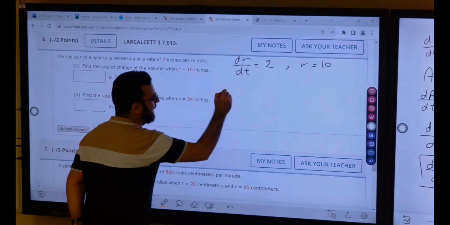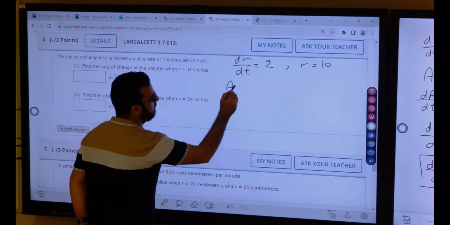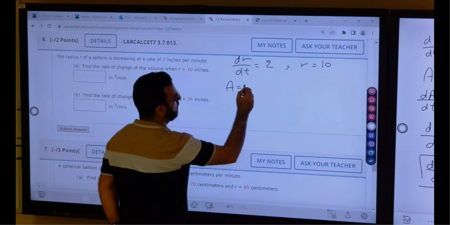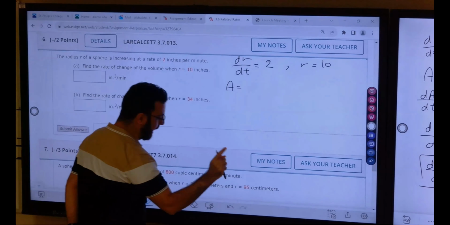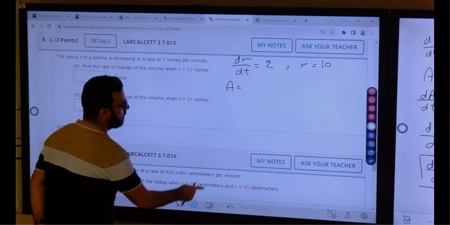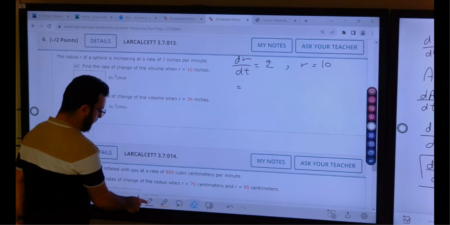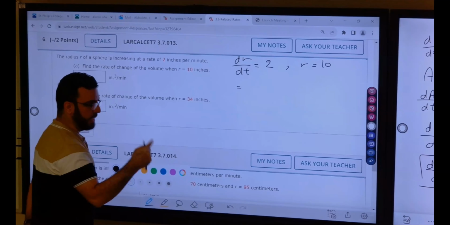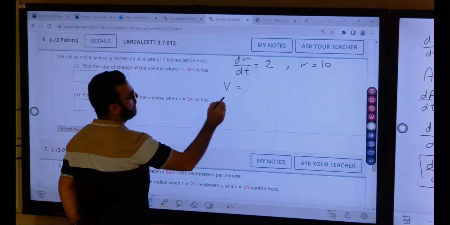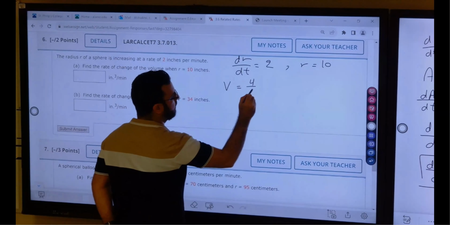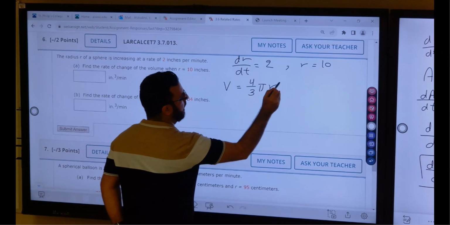So we said the area of the sphere equals what? 4/3, you said? Not the area, the volume of the sphere. So the volume equals 4/3 pi r cubed.